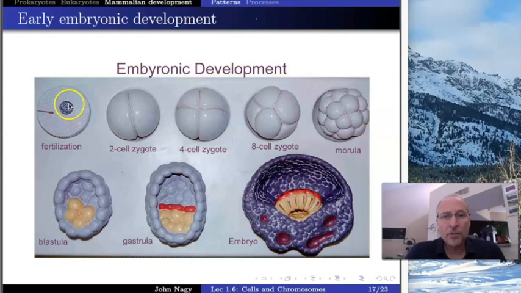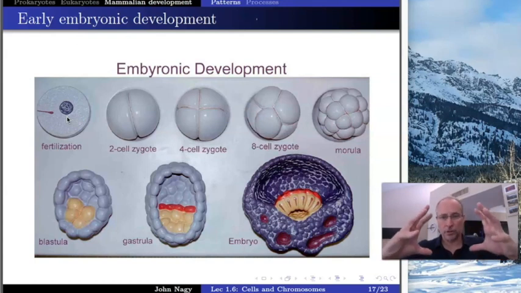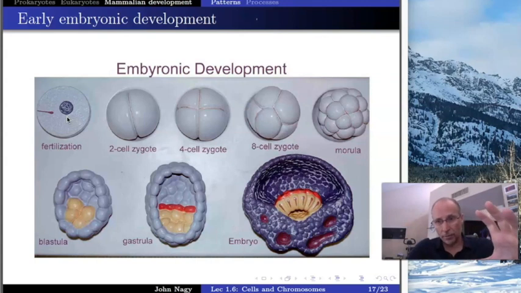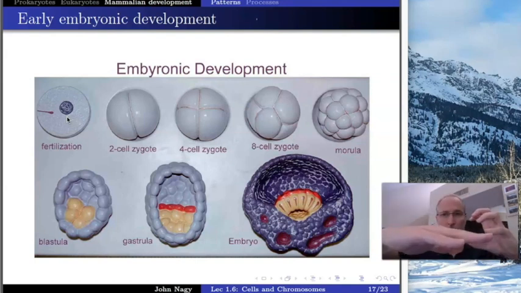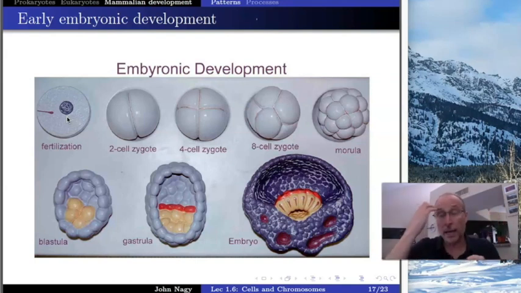Now, what happens after that is a series of divisions that we call cleavage divisions, because imagine this zygote, which is a relatively large cell, just gets cut in half by a cleaver. And it gets cut in half, and it doesn't grow before it gets cut in half again. What happens is the zygote gets cut, the cells stay the same size, and then it gets cut again as quickly as it can. But in this case, it gets cut at exactly right angles.